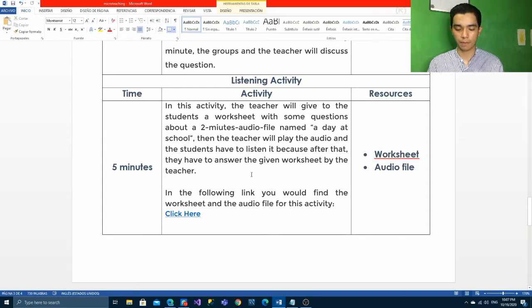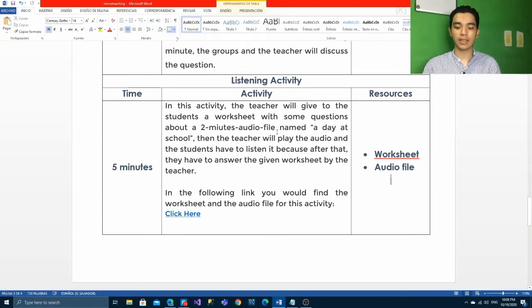The purpose of this activity is to know how much vocabulary the students know and how developed their listening skill is. The resources implemented for this listening activity are the worksheet and the audio file.